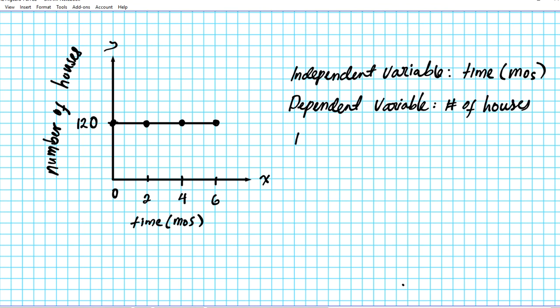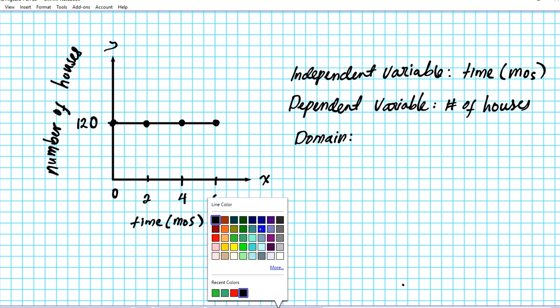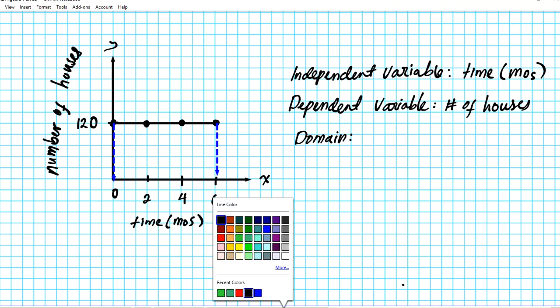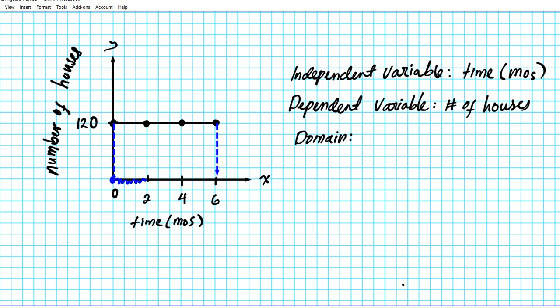All right. Now let's look at the domain. The domain of the graph is how wide it is. So we can just project this straight down to the x-axis and look at how wide it goes. So let's project this down. This goes straight down. And your domain is the set of points from 0 all the way to 6.